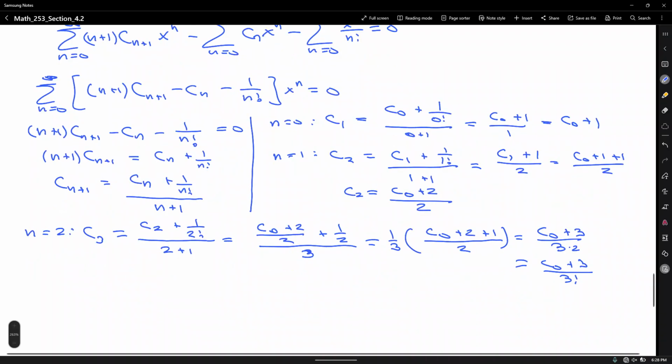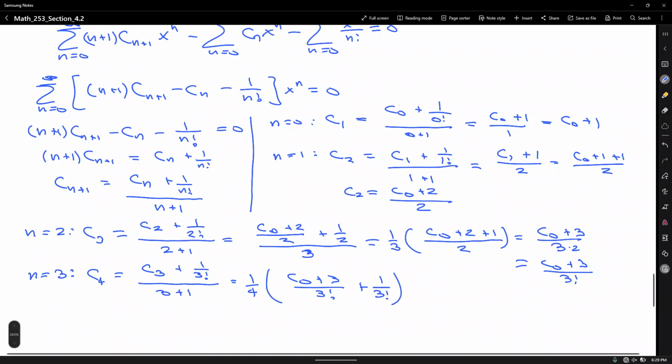So n equals 3. For n equals 3, that'll be c sub 4 equals c sub 3 plus 1 over 3 factorial divided by 3 plus 1. But what is that 3 plus 1? Isn't that 1/4 times, what is c sub 3? C sub 3 is this term right here, so that'll be c sub 0 plus 3 over 3 factorial, which is our c sub 3, plus another 1 over 3 factorial.